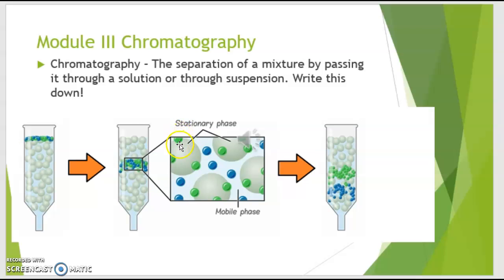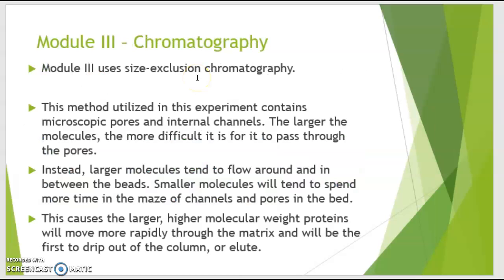So as they start to bleed through these beads, they actually also go inside of these pores. And so essentially it makes it a longer trip for these small green chemicals, and so it takes them longer to pass through the chromatography. The blue chemical can just move around the beads, and therefore they can pass through the chromatography more rapidly. So as mentioned, this is known as a size exclusion chromatography.